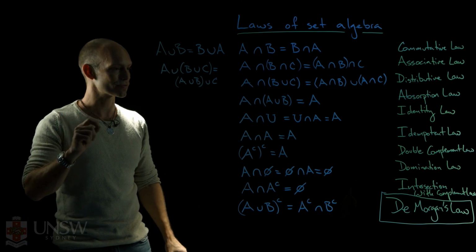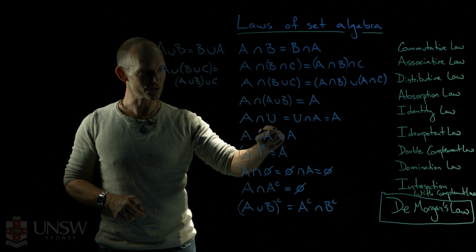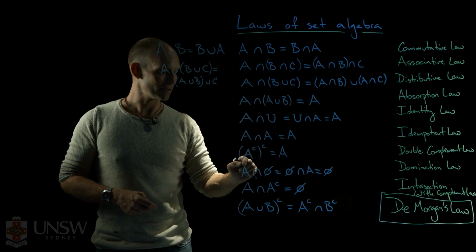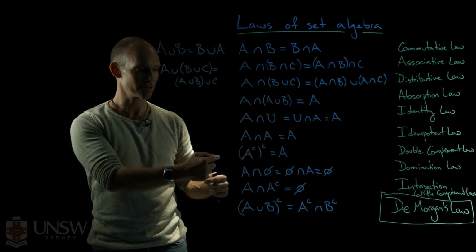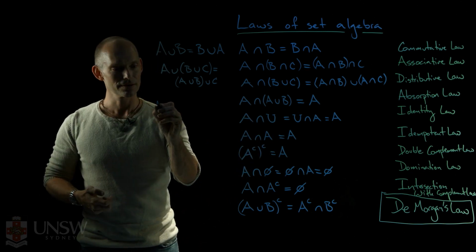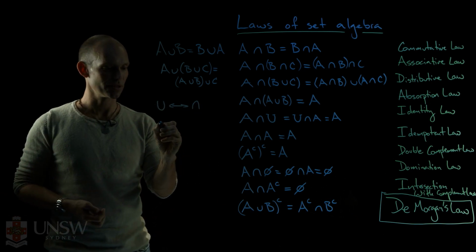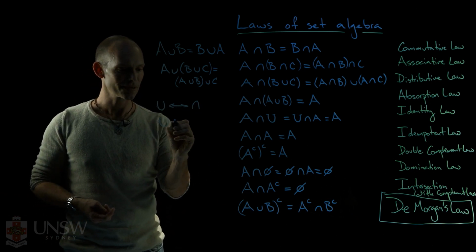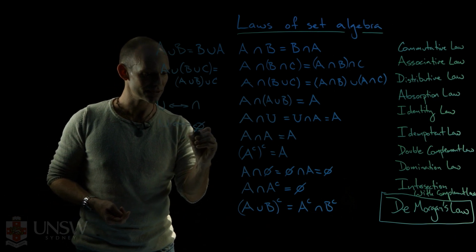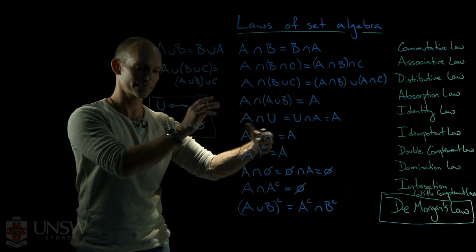There's one detail that we have to make sure of to get that to work, and that's that the universal set, which I have here, is swapped with the empty set, and the empty set with the universal set. So you swap unions and intersections, and you also swap universal sets with empty sets. If you do this, then you go from one set of laws to the other.